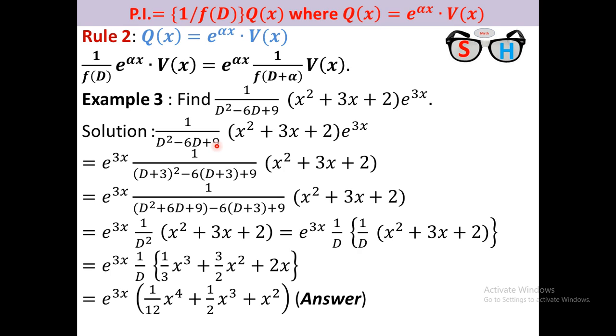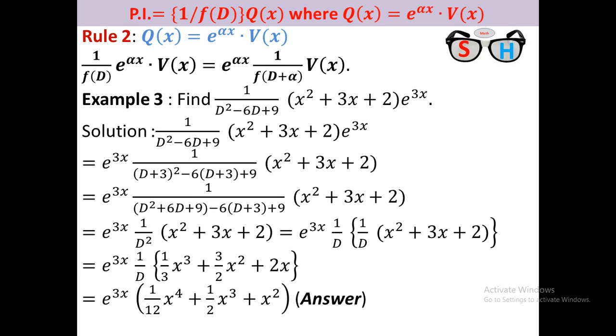This is D minus 3 whole square. If you put D plus 3 in the place of D, then D minus 3 whole square will be D square. That is, from that step we get directly to this step. I calculate this in a general way because in every problem you cannot find f(D) as a perfect square. Therefore, this is the example of that problem.